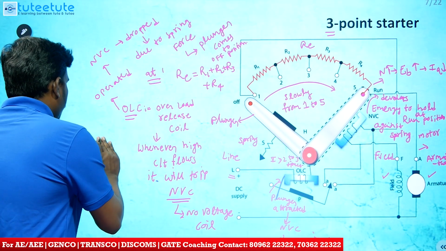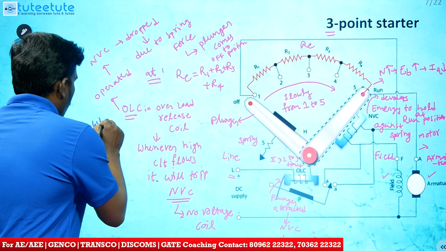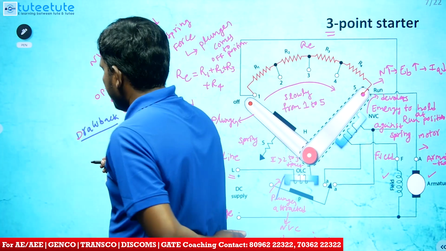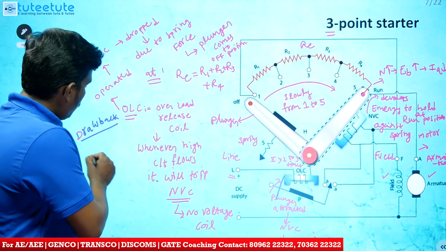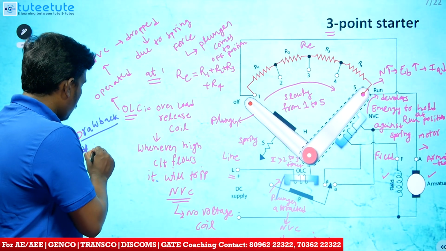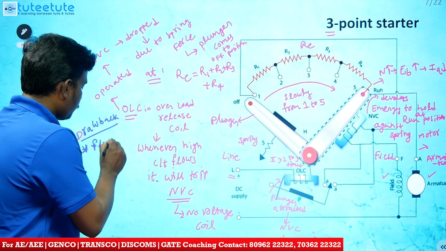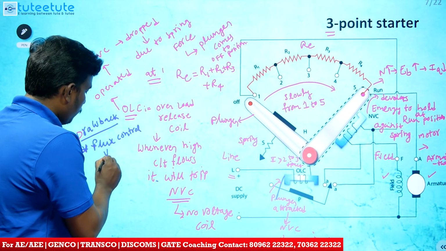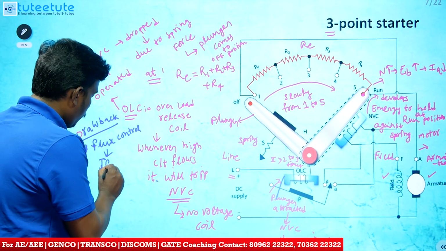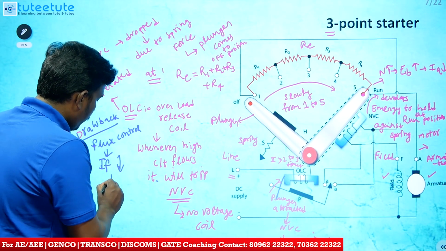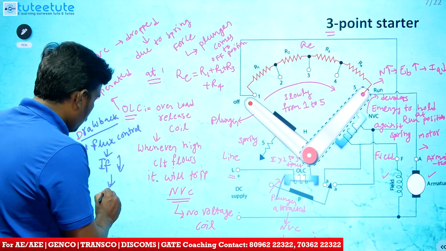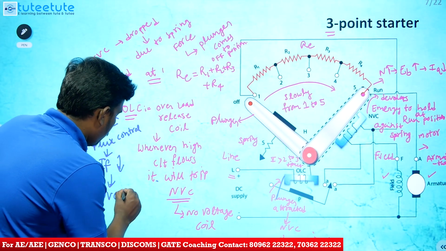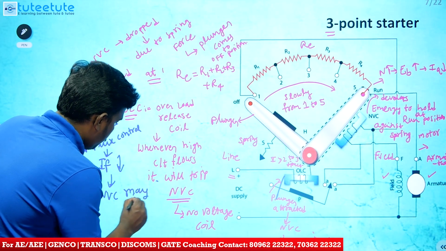The drawback of 3-point starter is during flux control method, IF is going to be reduced. If IF is reduced, NVC may drop.